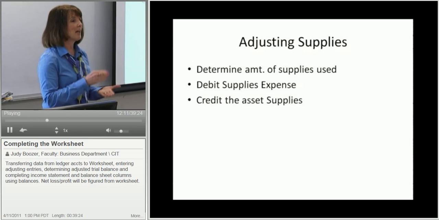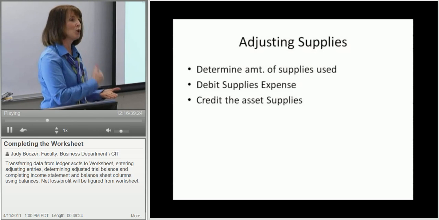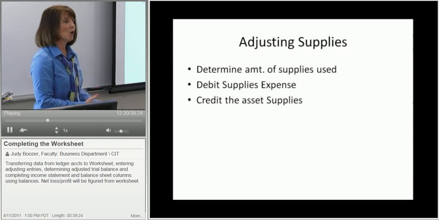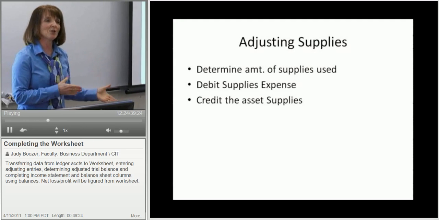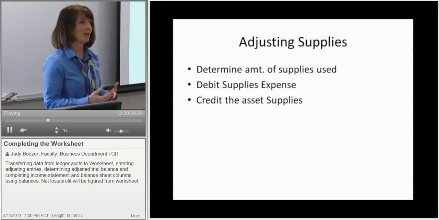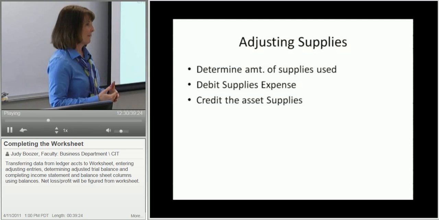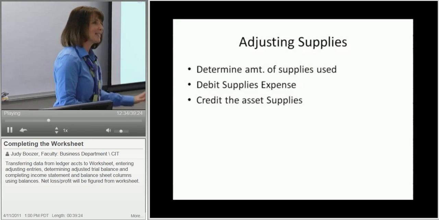So you're going to take 2,000 minus the remaining to get the amount used, which would be 800. So in that case, you would debit supplies expense for 800 and decrease supplies by crediting it for the same amount. Do you see how that's working? You're adjusting the asset and you're expensing it out.